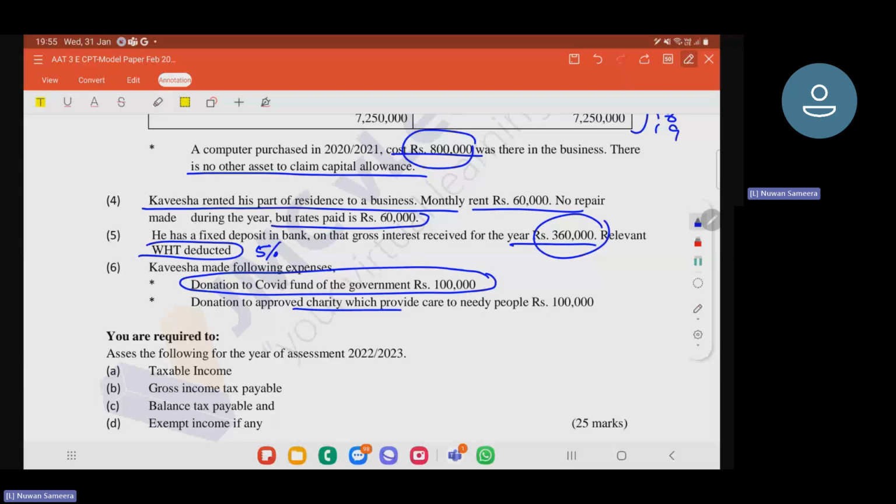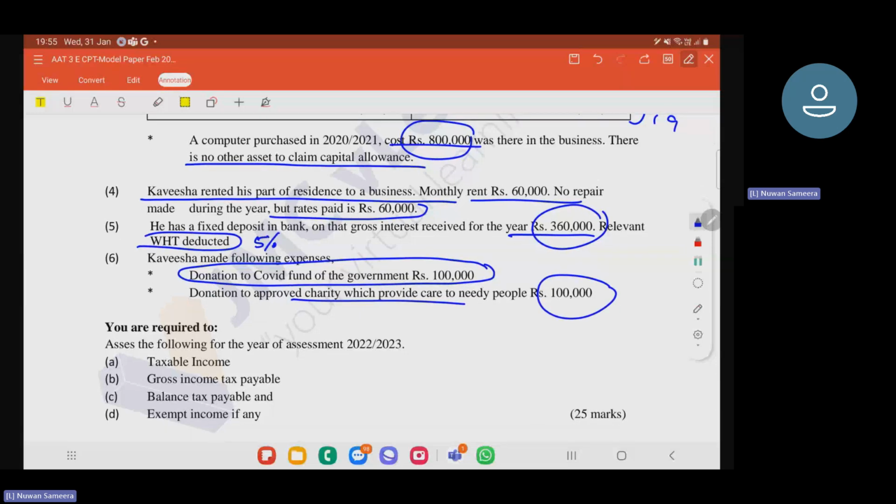But in this case, 100,000 was paid, but there is a restriction. What is that limit? There is a maximum limit. You can only deduct the lower of the actual donation, 75,000, or one third of taxable income. So at the end we have to calculate it. However, the 75,000 is the limit.